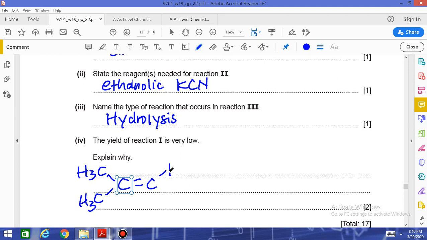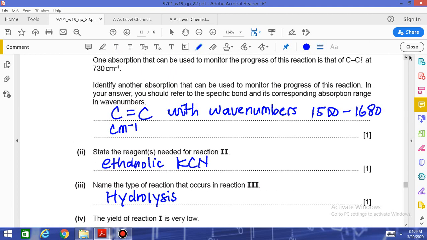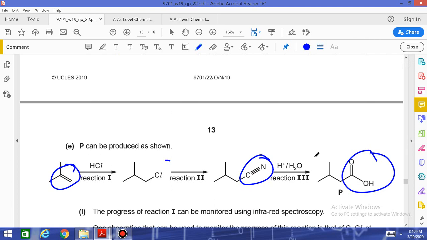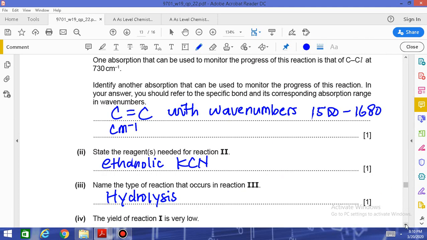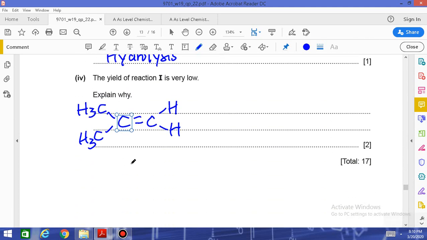So this is the alkene. It is an asymmetrical alkene because the carbon atoms of the C double bond C are bonded to different functional groups. Let's check again. Okay, and HCl is reacted with this alkene.